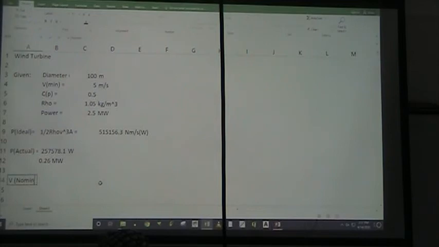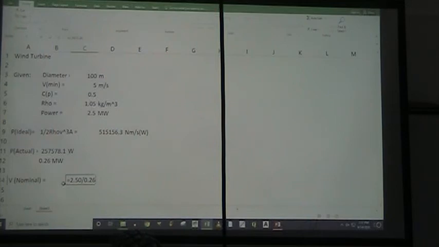Nominal is going to be equal to 2.50 divided by 0.26.